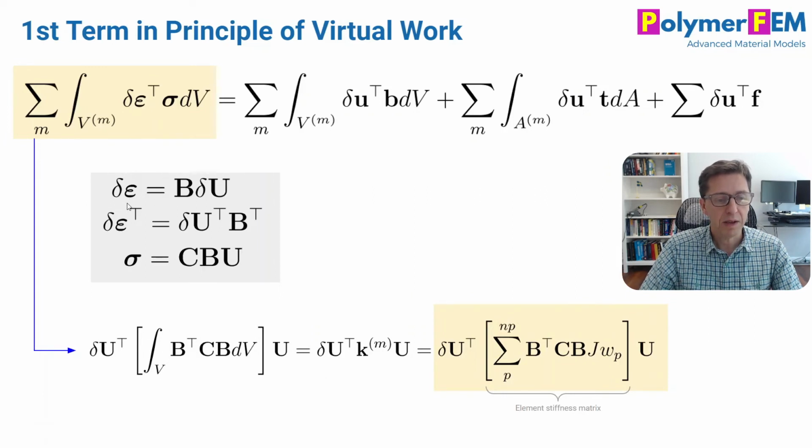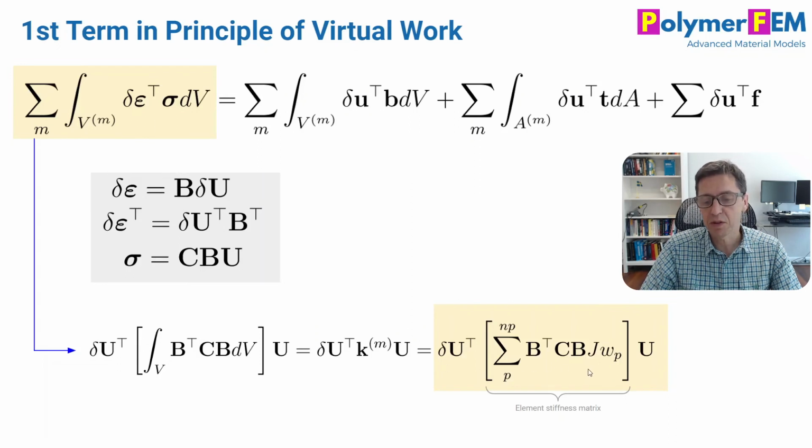When you take the transpose here, we get the virtual nodal displacement. But that's not part of the integral. It's a constant. So we can move that outside this integral itself. And similarly, the nodal displacement can be moved to the right. So we have this quantity before and this one behind, and this is the element stiffness matrix, given by this tensorial quantity, which we're now going to convert to a numerical calculation using Gauss points and Gaussian quadrature.